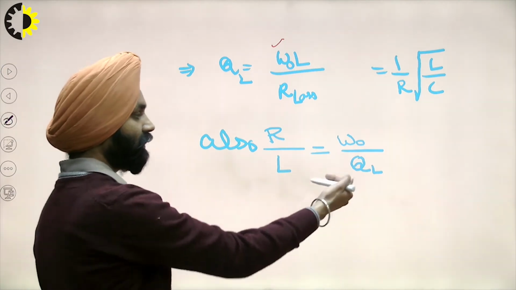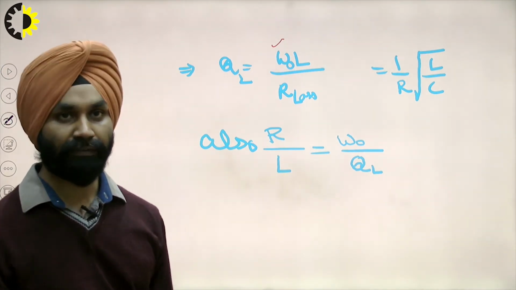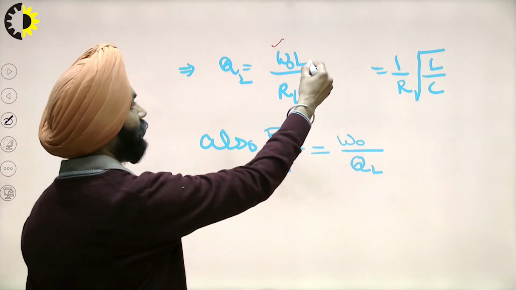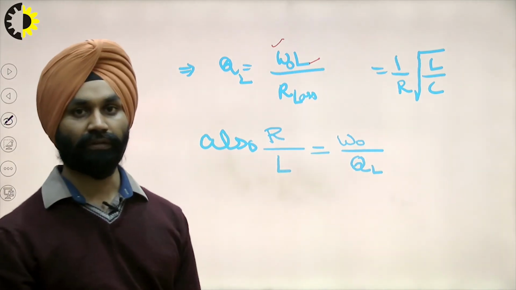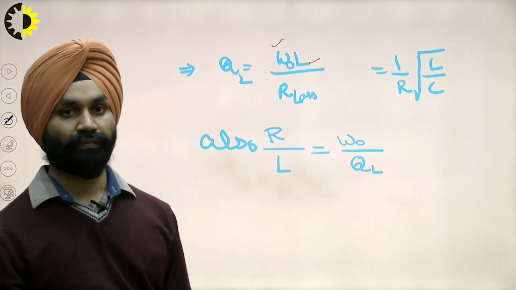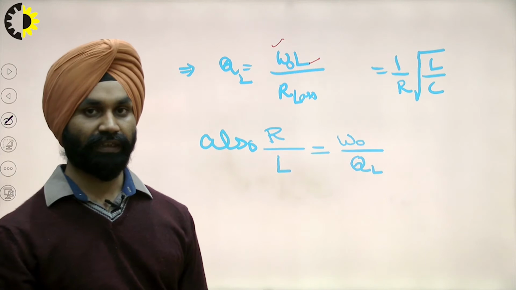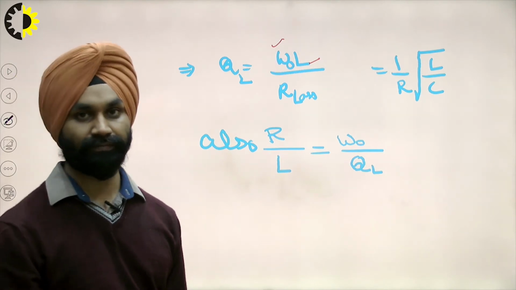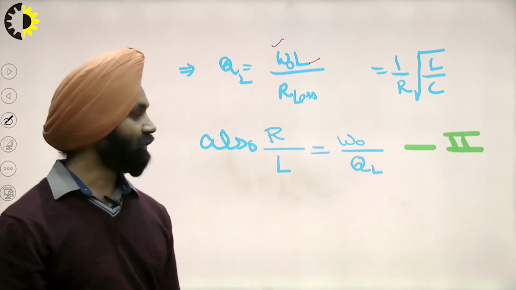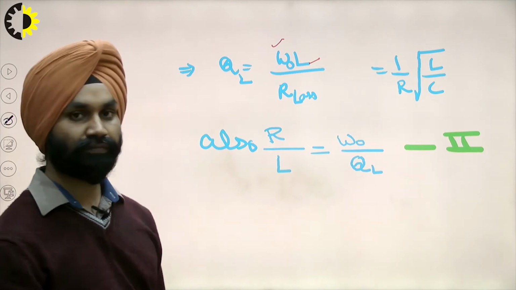Omega naught we have defined, and QL is another parameter which is dependent upon L and omega naught. It is known as the quality factor due to L. So, let us suppose this is the second equation.